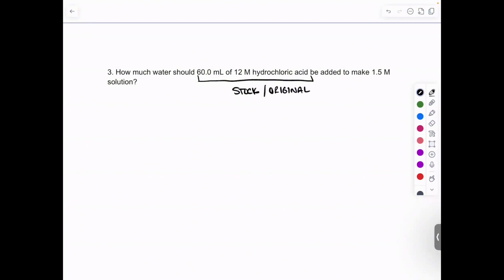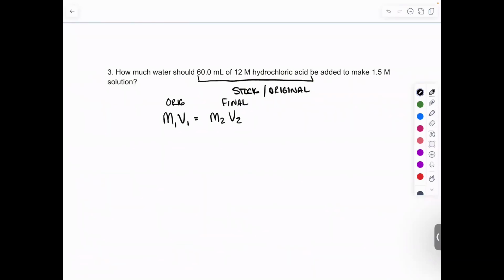Let's go ahead and write the formula out. It's going to be M1. Okay, so we have original, and then final.